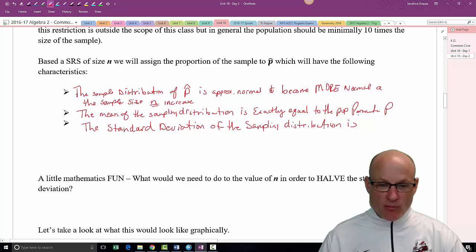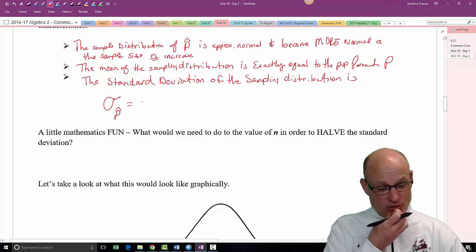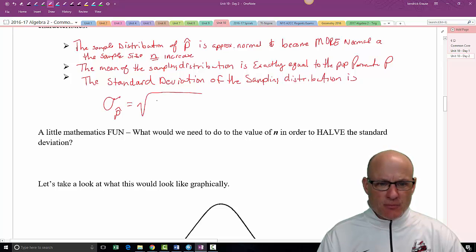And here's a formula we're going to learn. The standard deviation of the sample proportion, the sampling distribution, is equal to the square root of p times 1 minus p all over n.